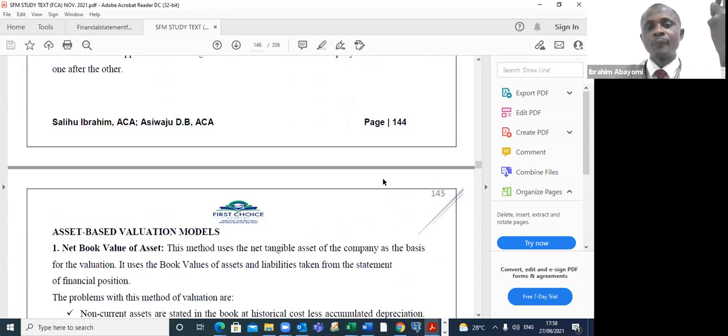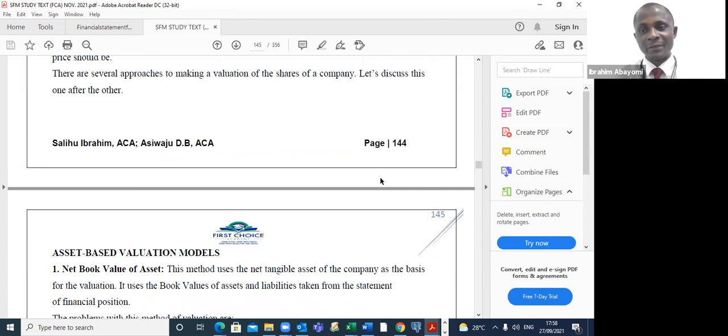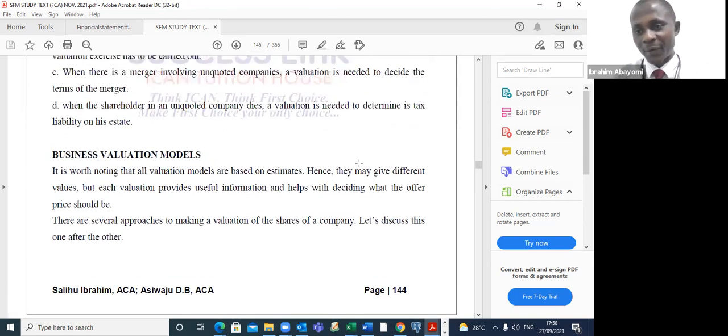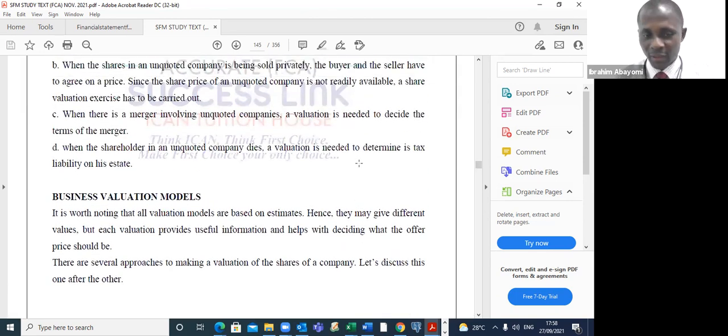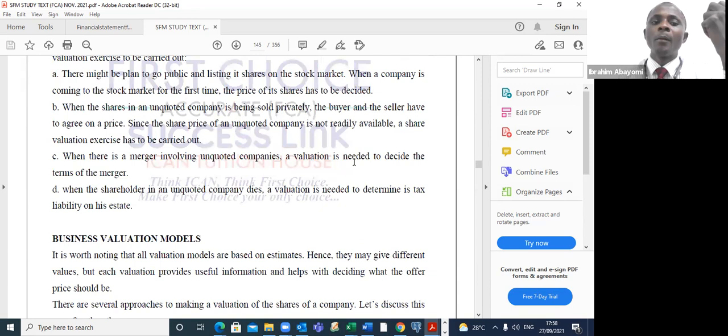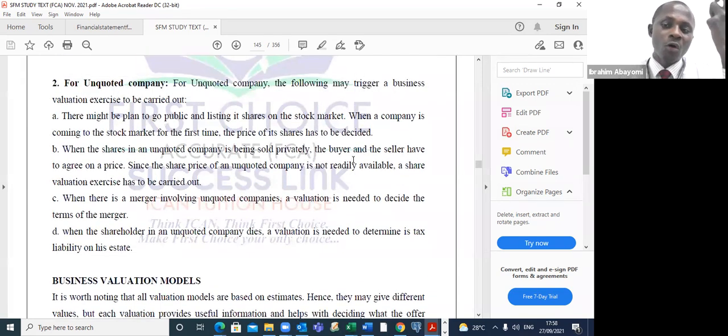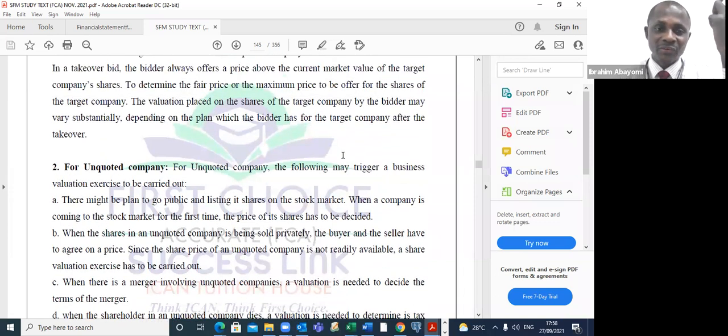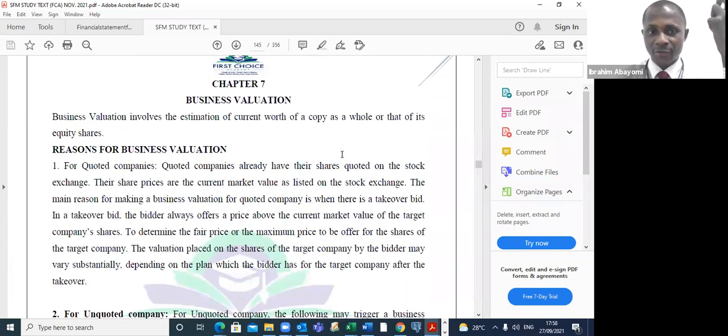Then I will read through the financial statement of the company. I will see the share price. Whereas for an unquoted company, the shares are not traded on the stock market. Therefore, if I want to get the market value of the company's share, I will need to carry out business valuation.